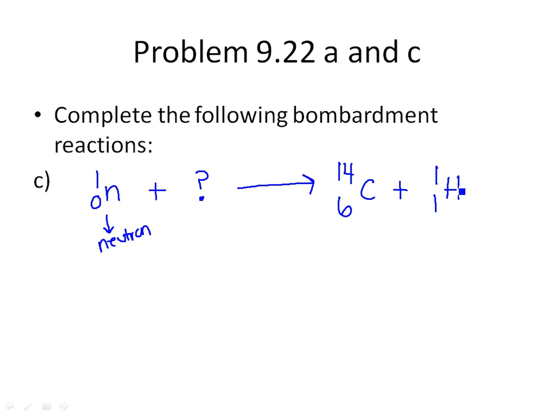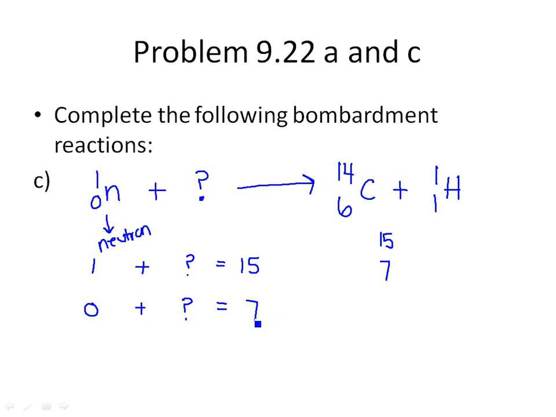So we add up our mass numbers. 14 plus 1 is 15, and 6 plus 1 is 7. We have to have the same numbers on the reactant side. So as of right now, we have 1 plus the unknown must equal 15, and 0 plus the unknown must equal 7.